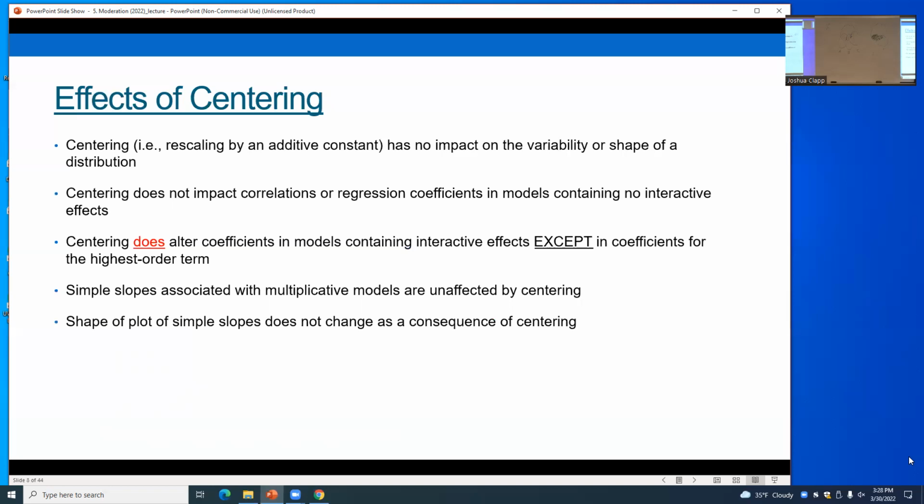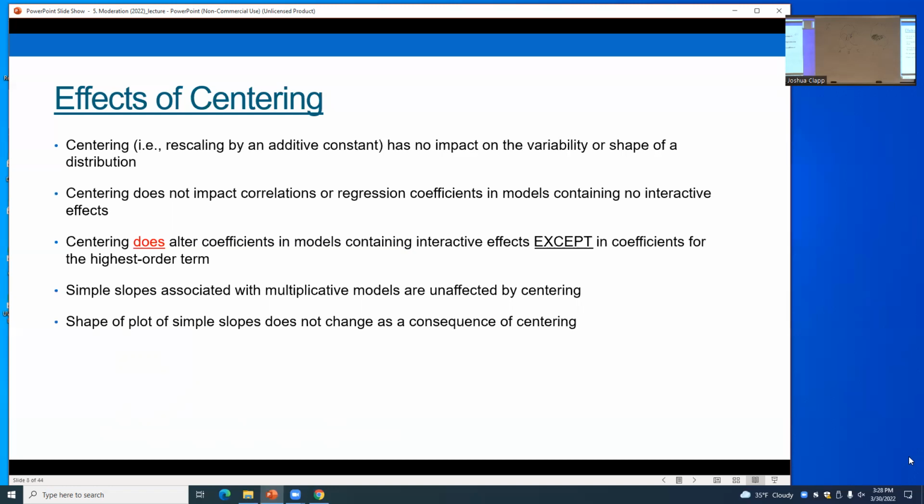Okay. Centering isn't going to impact the regression or correlation coefficients in models that don't contain interactive effects. What it is going to do is start to alter coefficients in models that do have interacting terms, except for those higher order terms.